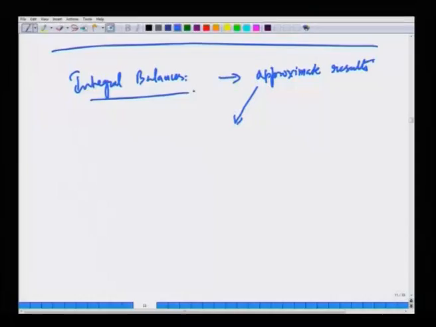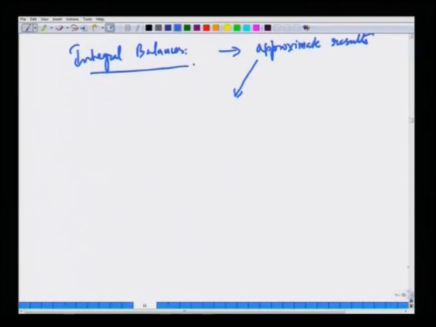So, that is the viewpoint we will take on the application of integral balances, that they allow for simple solutions, but they give only approximate answers. So, that is a key thing that we have to understand.